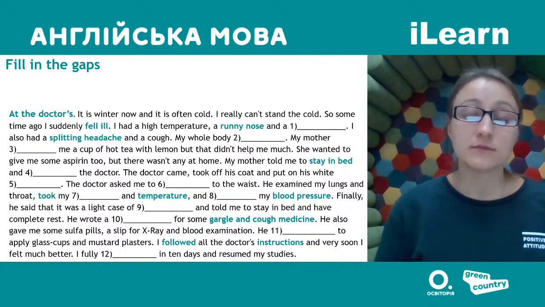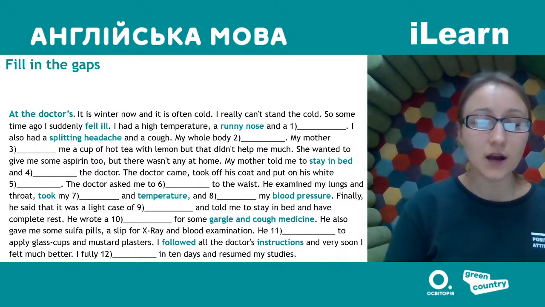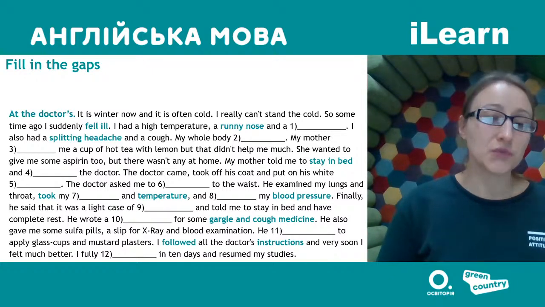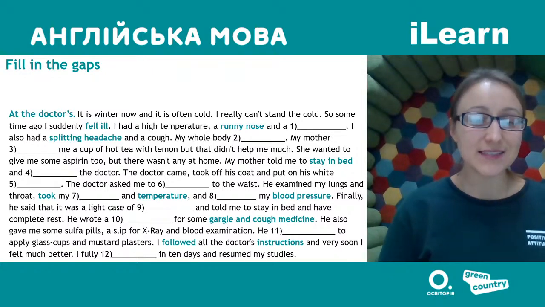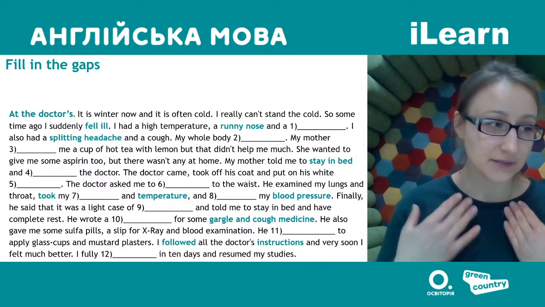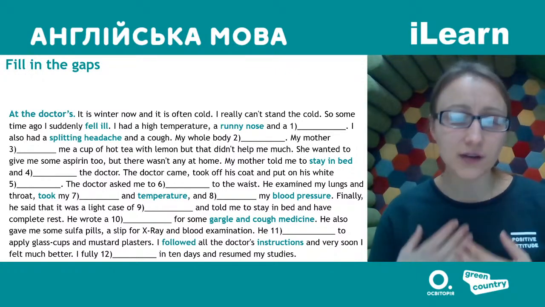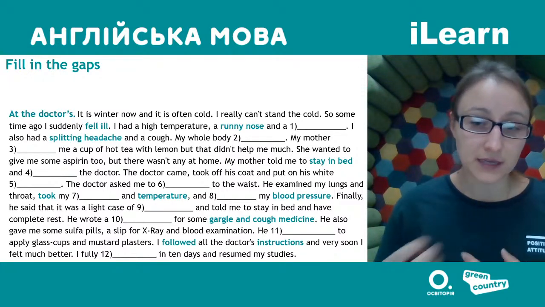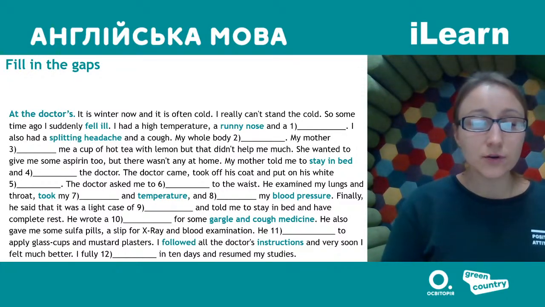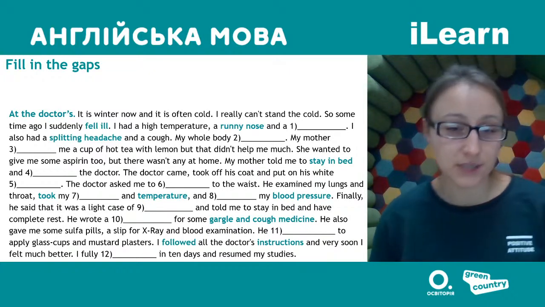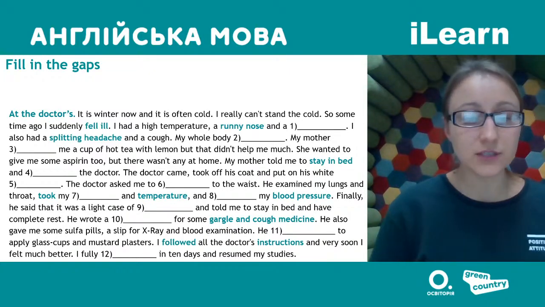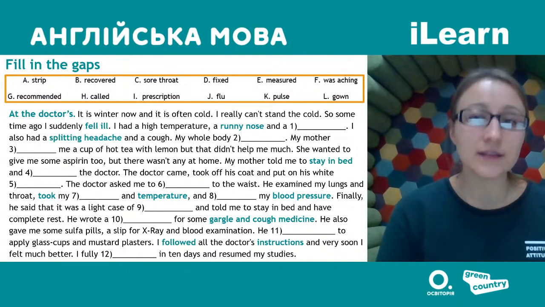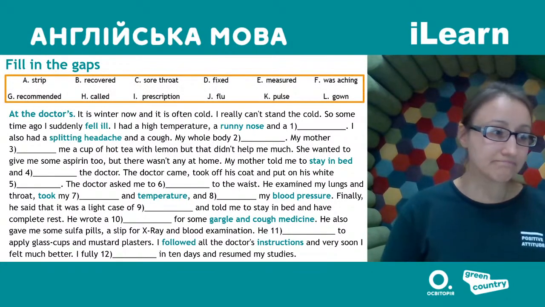Blood pressure, це тиск в нас. Gargle and cough medicine. Gargle, very strange word as for English, but nevertheless, gargle це полоскання. Yes, when you have a cough or sore throat, you need some medicine, like gargle medicine для полоскання. And follow instructions, follow recommendations, да? Слідувати інструкціям, рекомендаціям лікаря. So, let me show you the words and let's try to fill in the gaps.